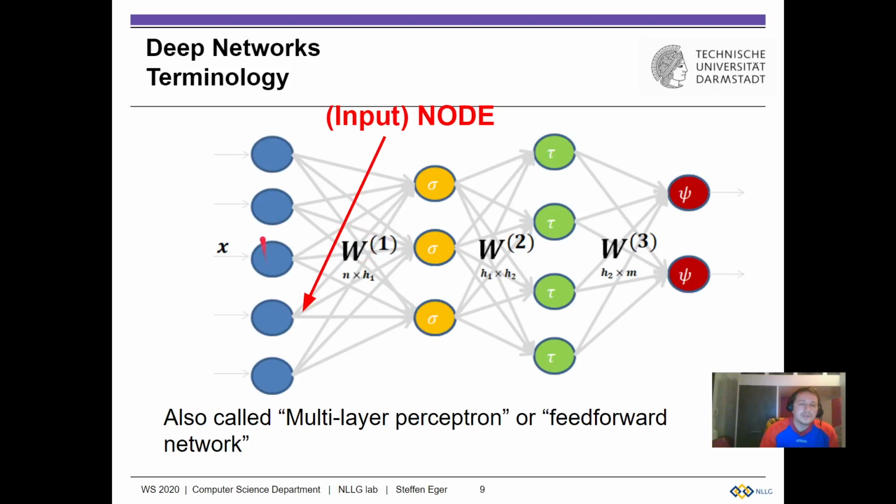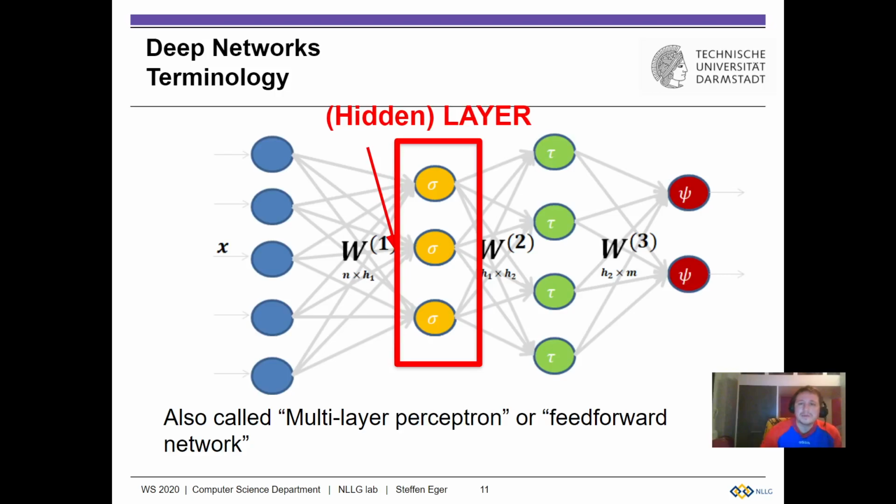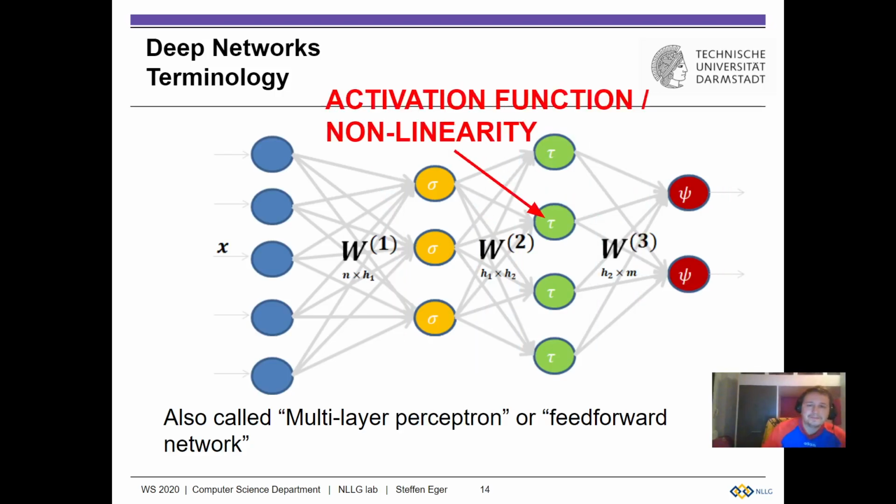A node in the first layer, that's what we'd call an input node. And all those nodes that are on the same level, be it on the input or somewhere in between, are called a layer. So we have an input layer, a hidden layer, another hidden layer, and then an output layer.